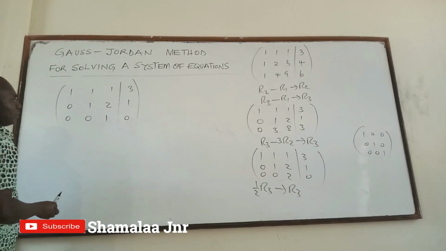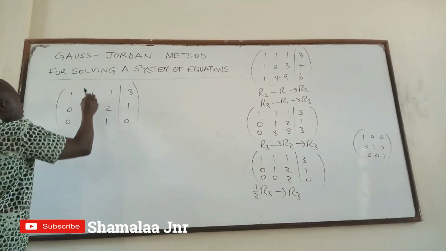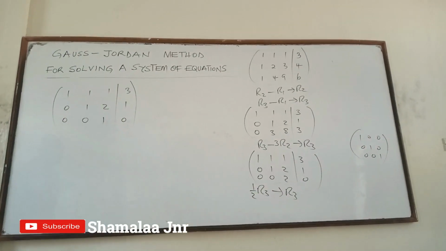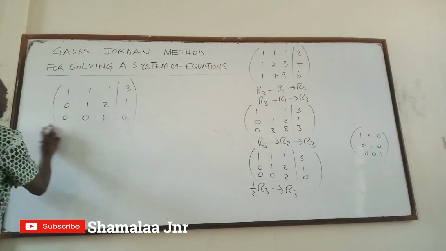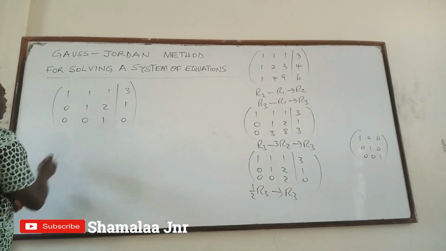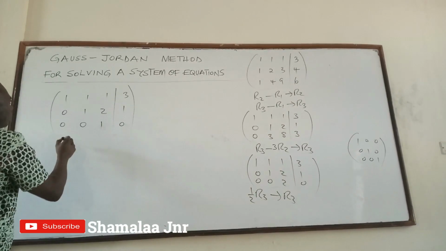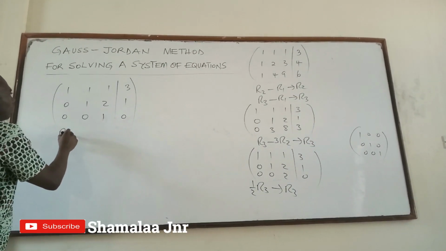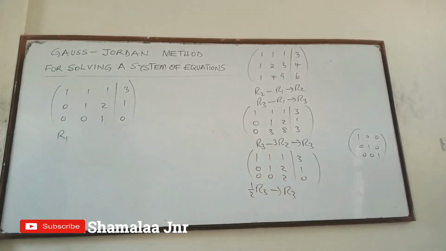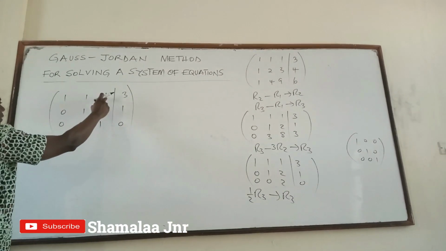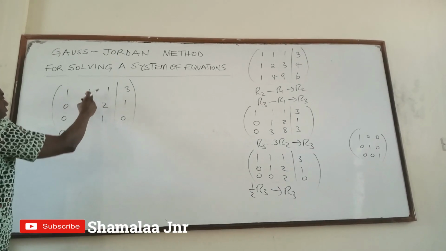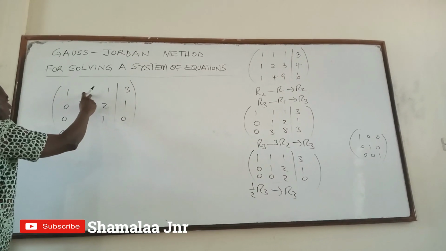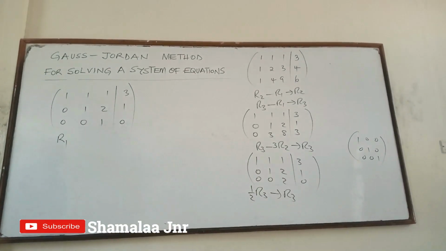So what we have to do is to change this one to 0, this one to 0, this one also to 0. So how do you do this? Now look on the board. You can say row 1 minus row 3.